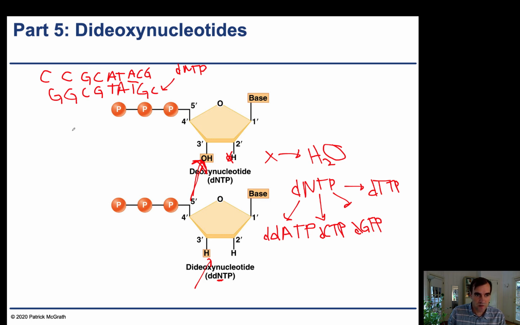But now, if instead we use the ddATP mixture, basically this goes on until we reach the first A. And so these 3 nucleotides cannot be incorporated.